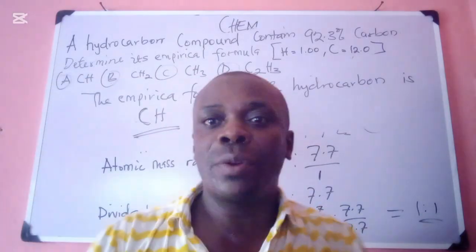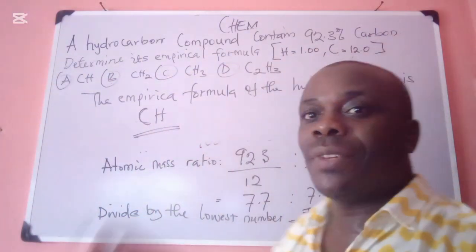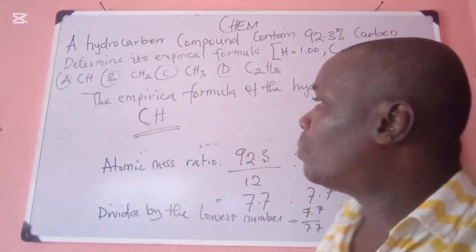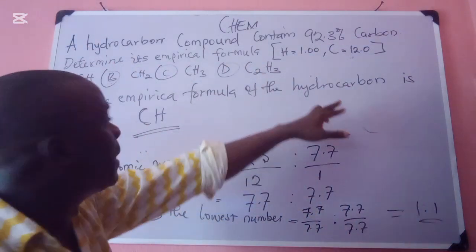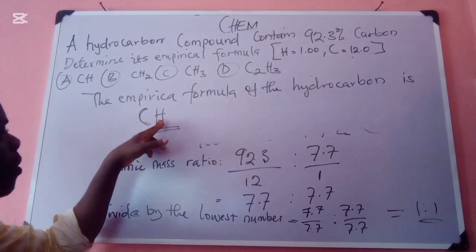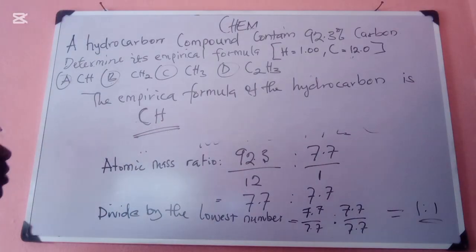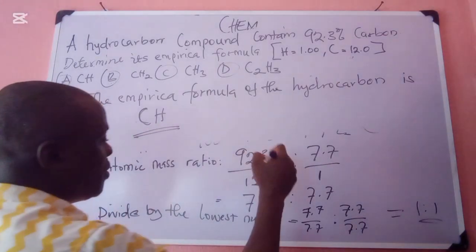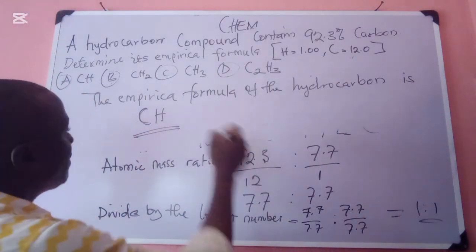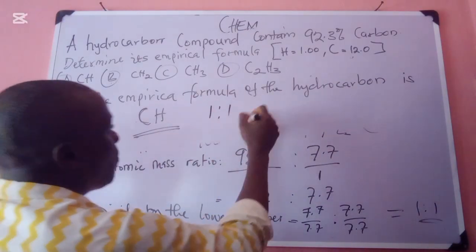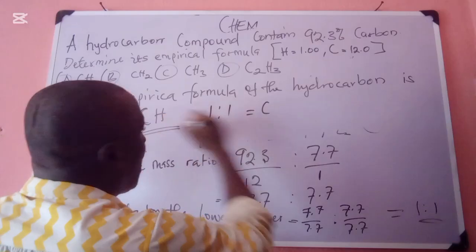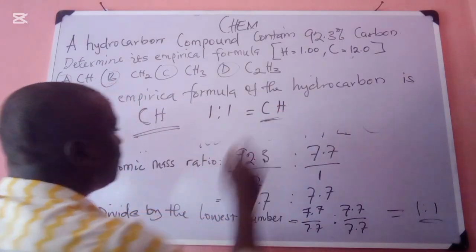From the calculation so far, we can put an answer to this, because the empirical formula of the compound is CH, since the mass ratio is 1:1. That means it's one carbon and one hydrogen.